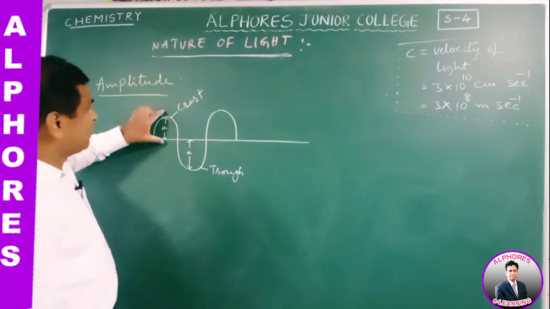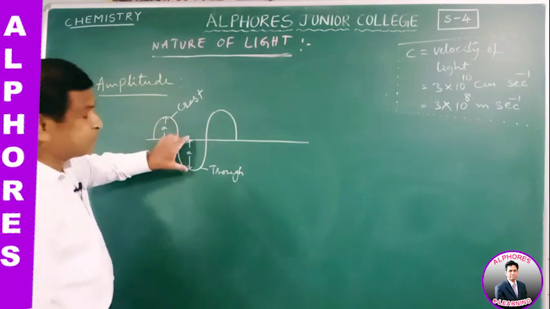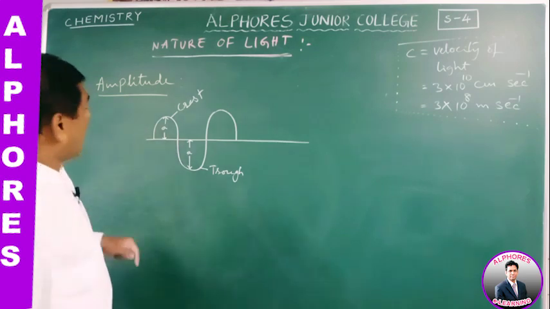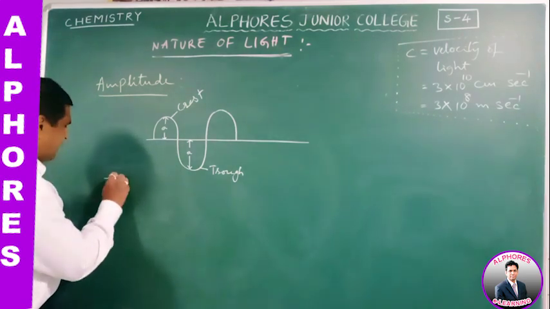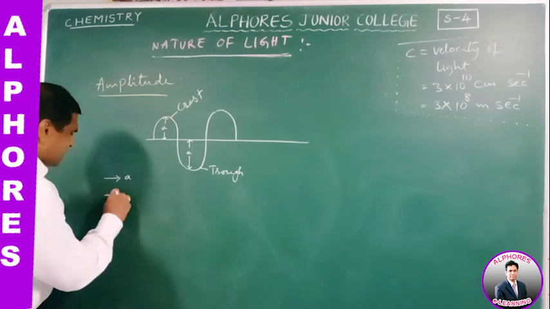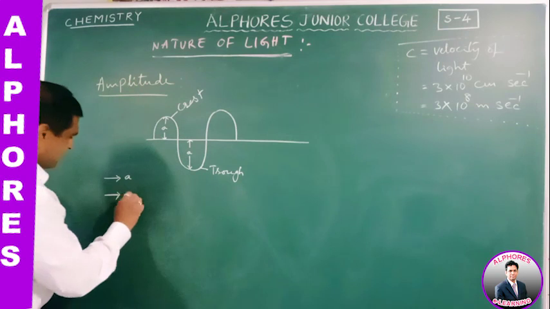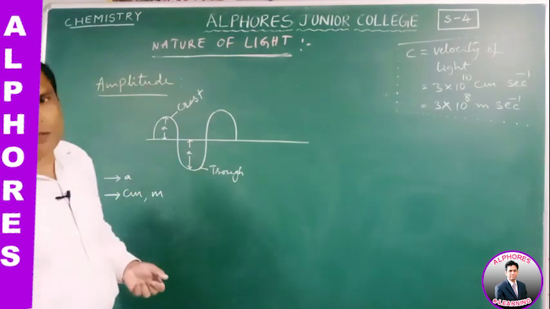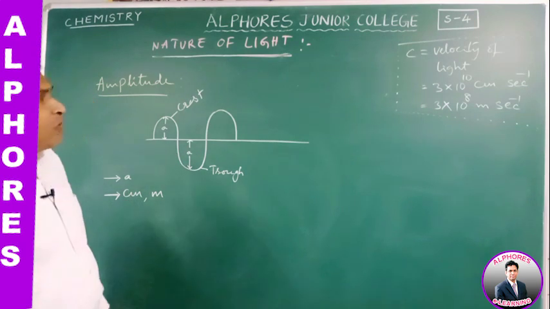Okay, height of a crest or depth of a trough, that is amplitude. Amplitude is denoted by the symbol A, and it is expressed in units of height, centimeters, or also in meters. Okay, so that is about amplitude.